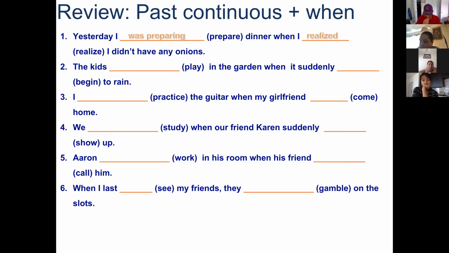The kids were playing in the garden when it suddenly began to rain. Very good. I was practicing the guitar when my girlfriend came. Good. We were studying when our friend Karen suddenly showed up.